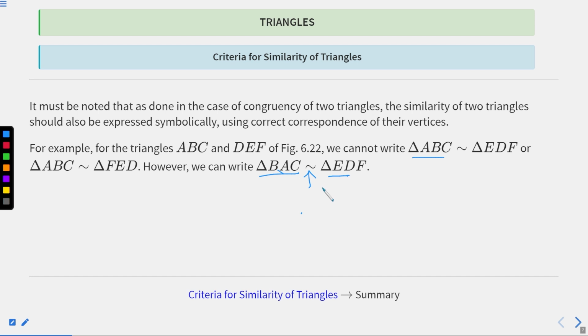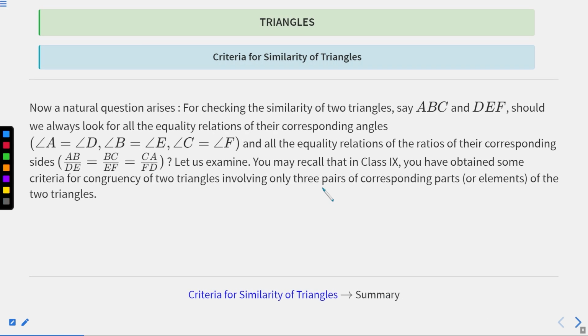Now a natural question arises for checking the similarity of two triangles ABC and DEF: should we always look for the equality relations of their corresponding angles? As given in the figure, two triangles are said to be similar if their corresponding angles are equal and their corresponding sides are in the same ratio.